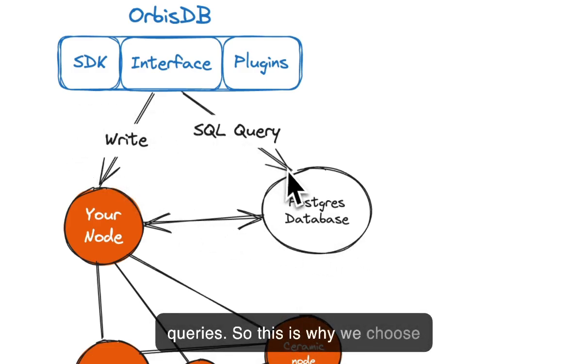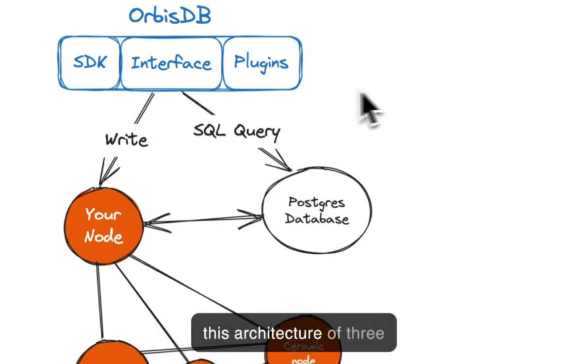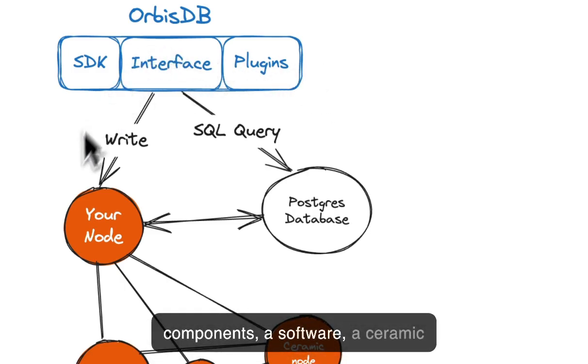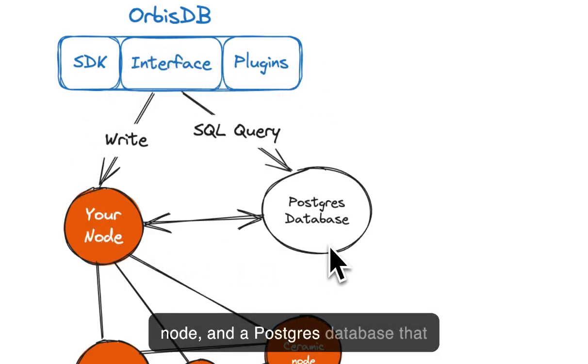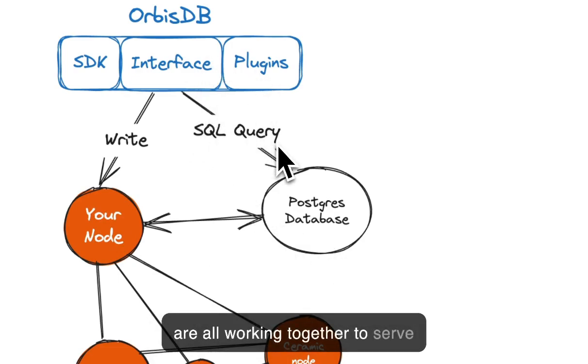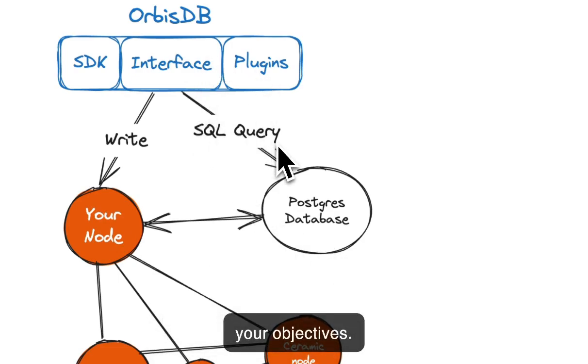So this is why we chose this architecture of three components: a software, a Ceramic node, and a Postgres database that are all working together to serve your objectives.